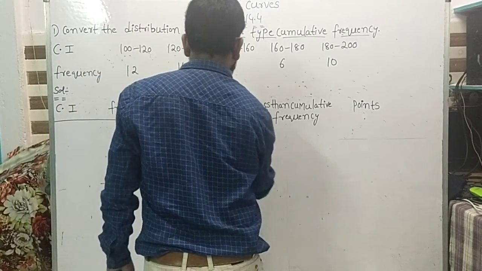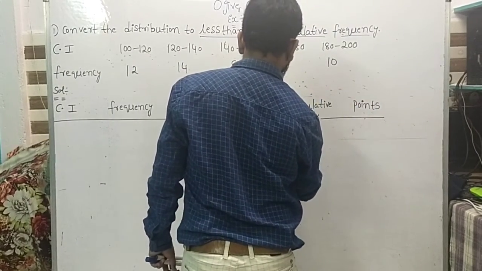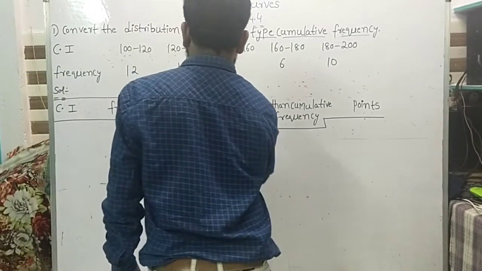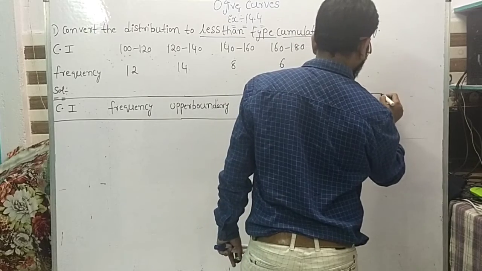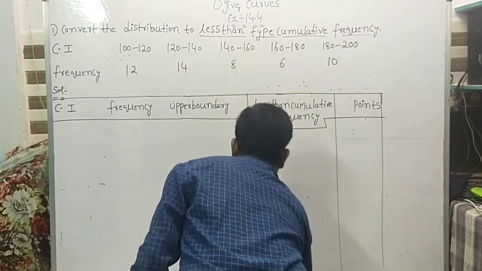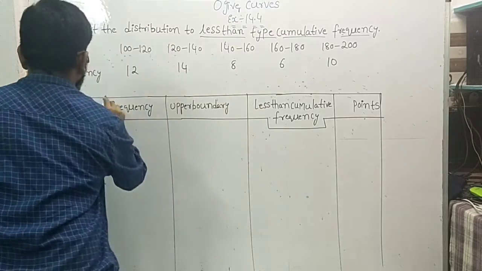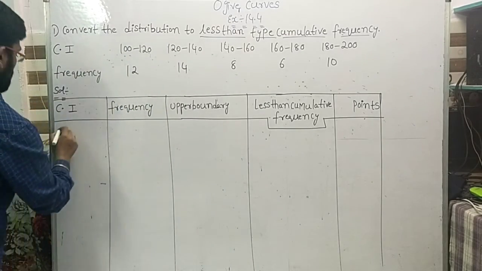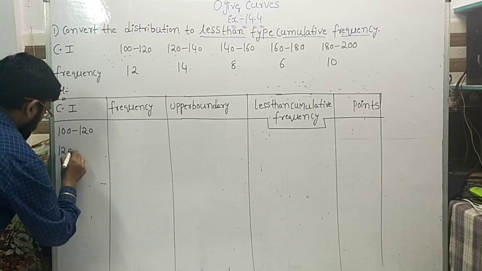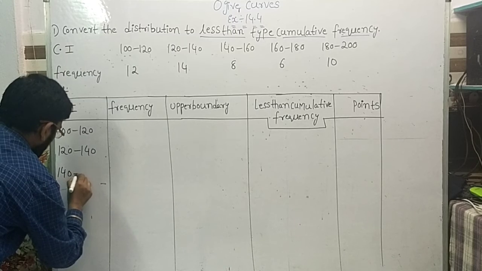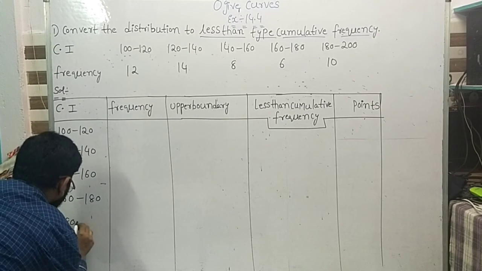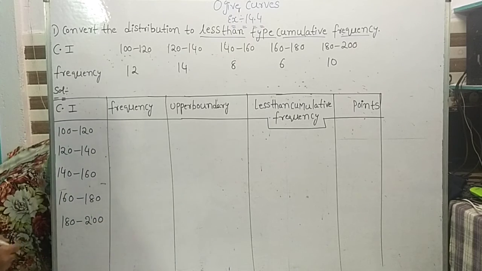So these are the things you need to consider. The class intervals are 100 to 120, 120 to 140, 140 to 160, 160 to 180, 180 to 200.